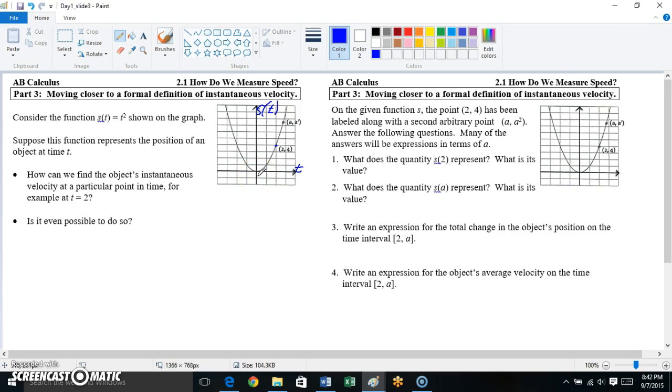And again, here we are on a graph. We can use the slope of a tangent line to estimate the instantaneous velocity.